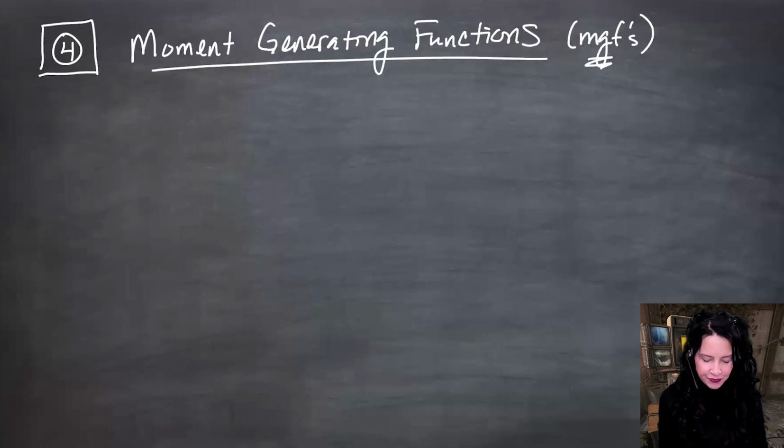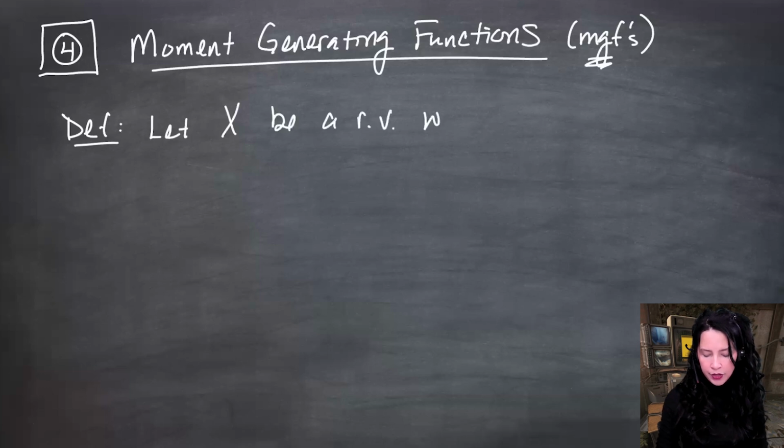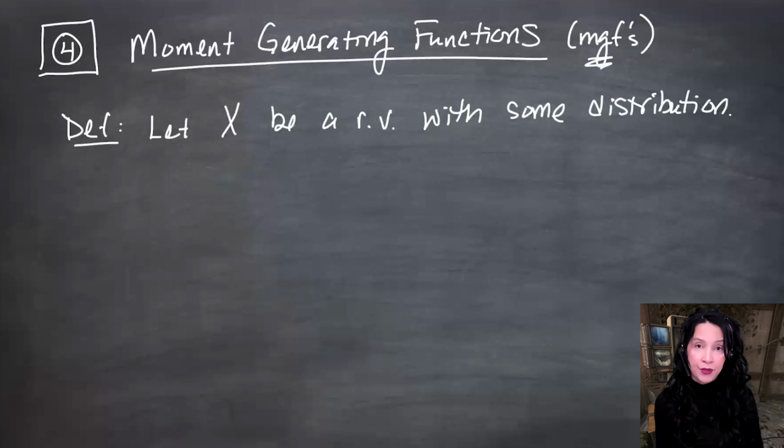MGFs. Before defining this, I want to define what a moment is for a random variable or a distribution. So let's put a definition right in here. Let X be a random variable with some distribution with a PDF. It could be discrete or continuous. If it's discrete, you might call it a PMF, but I call them all PDF.